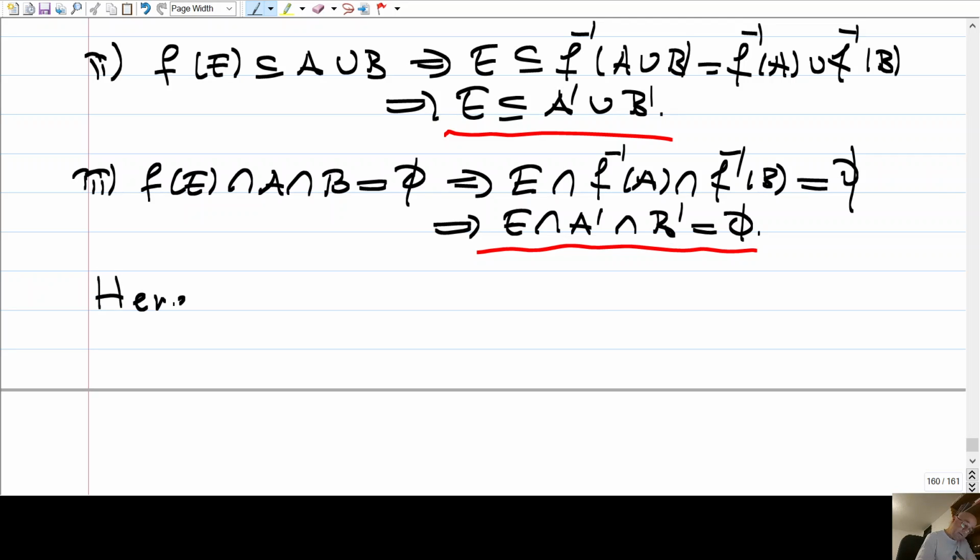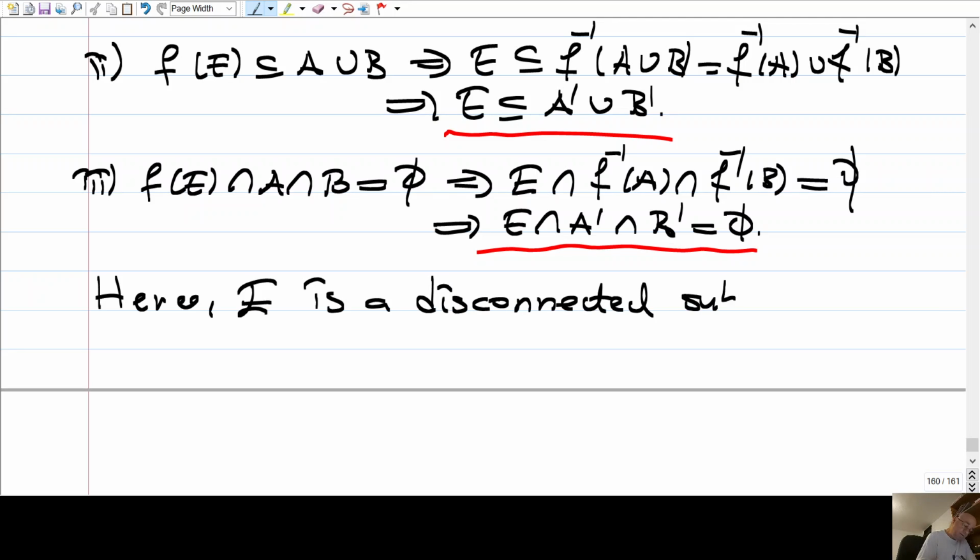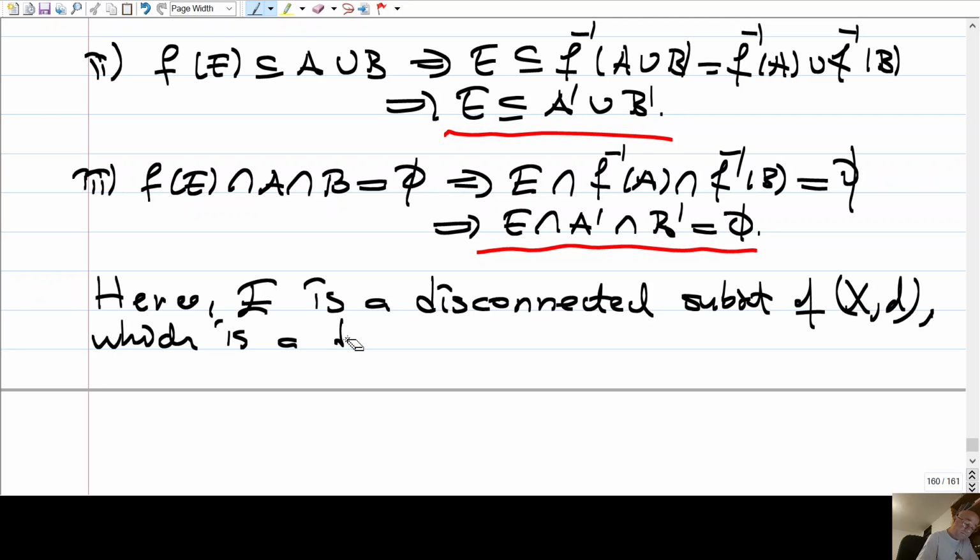Hence, E is a disconnected subset of X. Of course, this is a contradiction. Why did we end up with this contradiction?